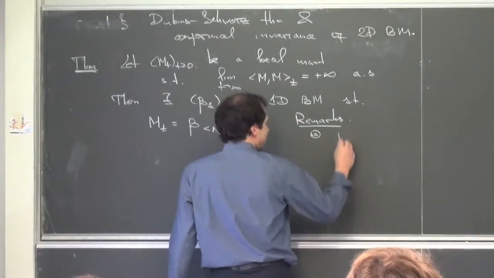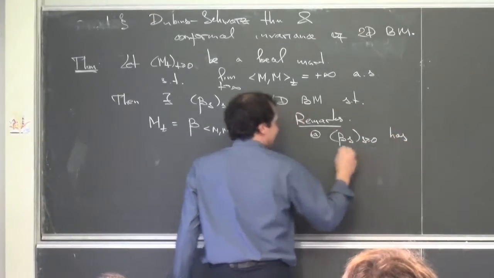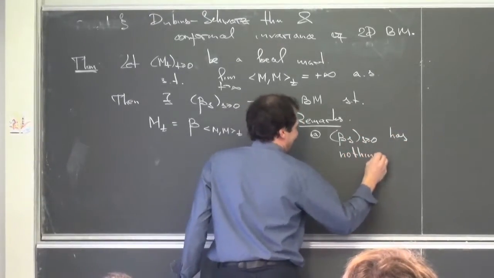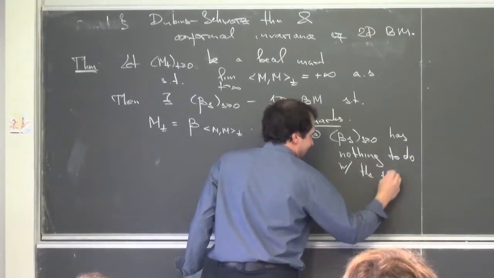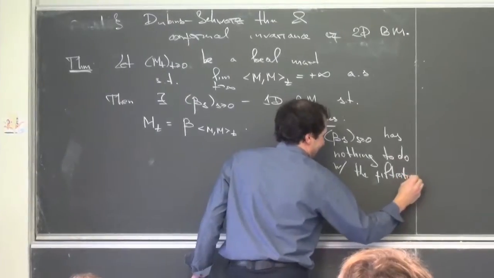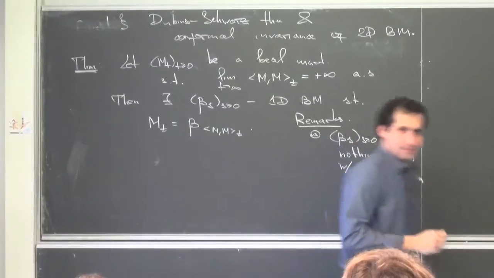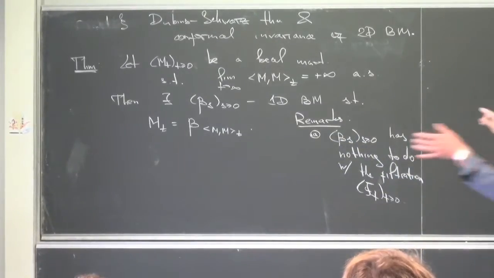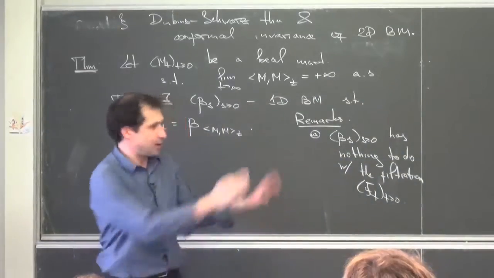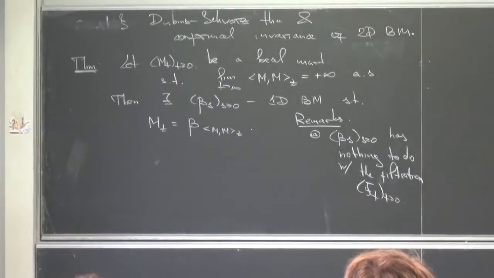The filtration of beta has nothing to do with the filtration F_t. So we had a process defined on some filtration, and this Brownian motion lives somewhere in another space over here. Okay?